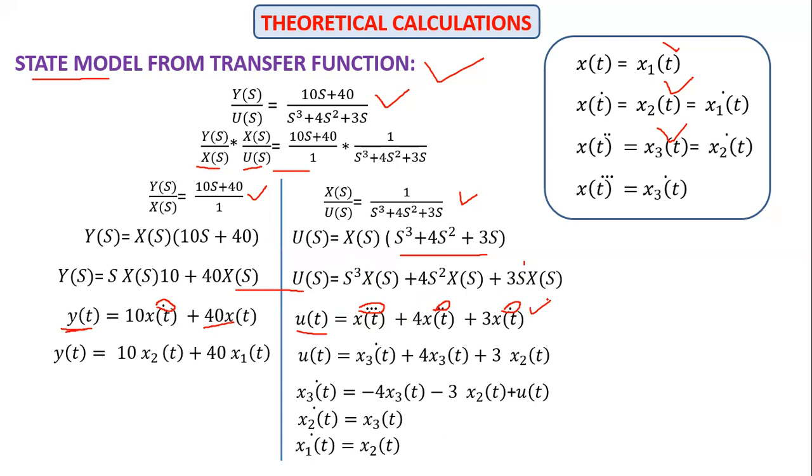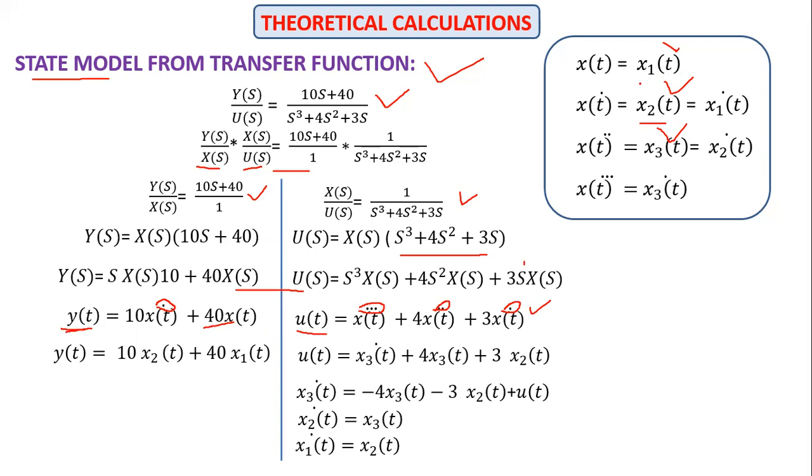Now we need to cross check the state variables and the differentiation of the state variables properly. So already we know the three state variables are x1 of t, x2 of t, and x3 of t. How we assume the state variables and their differentiation: the total equation is in terms of x of t and its dots.